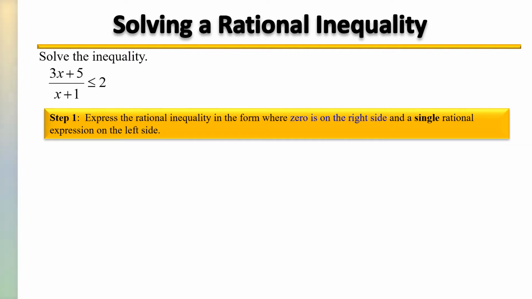So step 1, recall we want to get it in the form where we have just the rational expression on the left side and 0 on the right. We have a -2 there on the left side, and it's just a single whole number. When we move it over to the other side, it's not good enough to just move it over there, because in moving it over there, you're going to have the inequality plus 2.